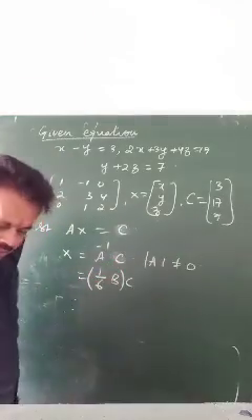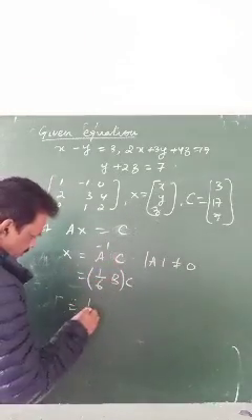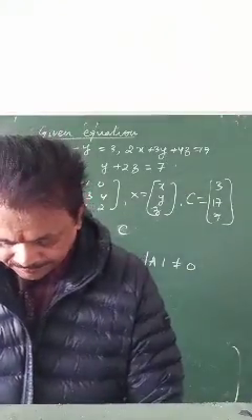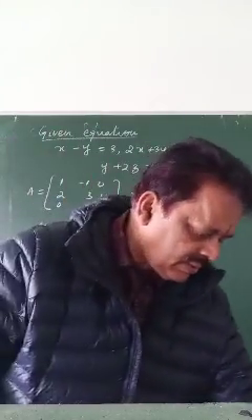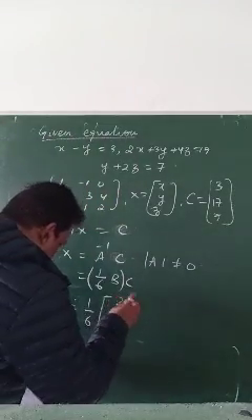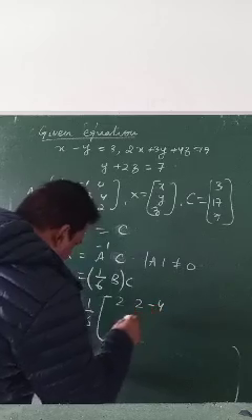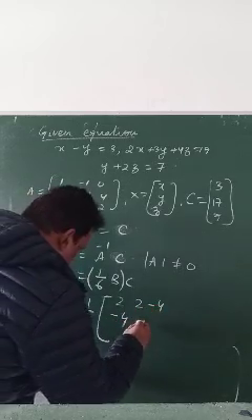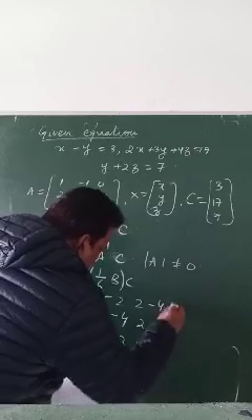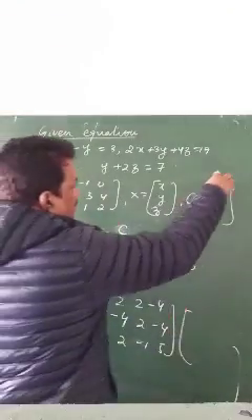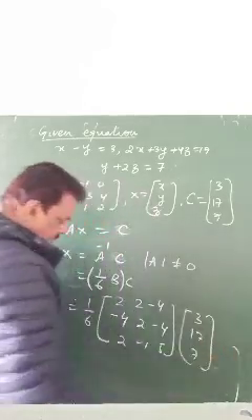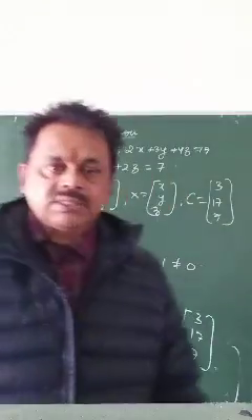So 1 by 6, B is what? Write down the value of B. B is 2 minus 4 minus 4, 2 minus 4, 2 minus 1 5. C is 3 17 7. So directly xyz will come out.